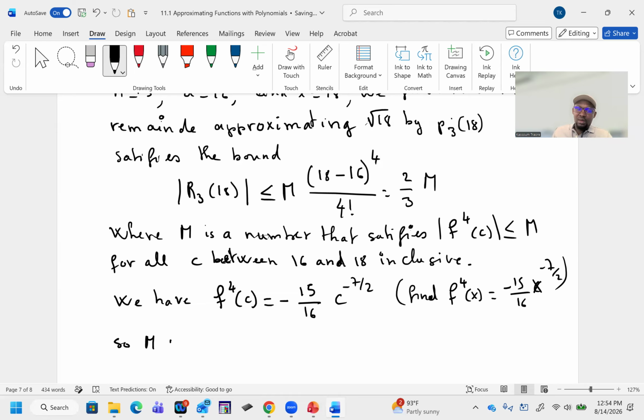So M must be chosen as small as possible, right?